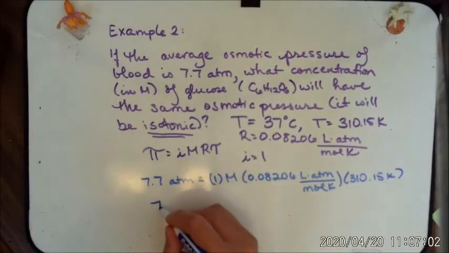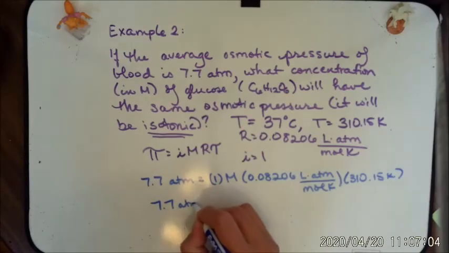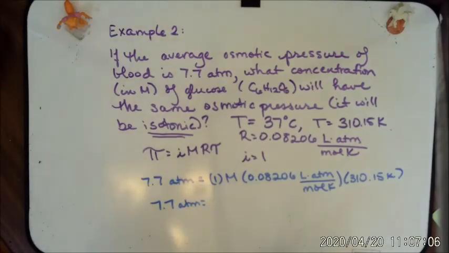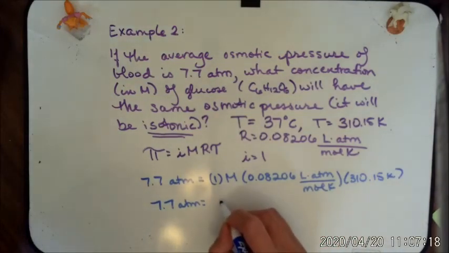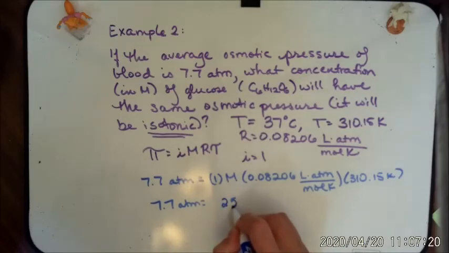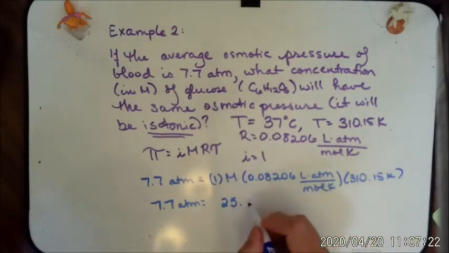Before we divide everything, let's just multiply this out. 0.08206 times 1 times 310.15, so I get 25, let's say 5.